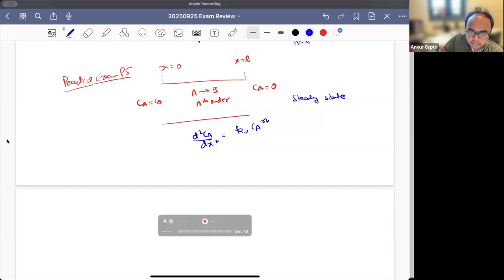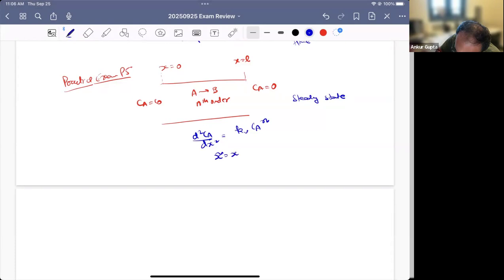And then if you do the non-dimensionalization, we'll say x tilde is x by L. Then the Damkohler number we define as kV Ca0 to the power of n minus 1, and there is also a dA missing here.